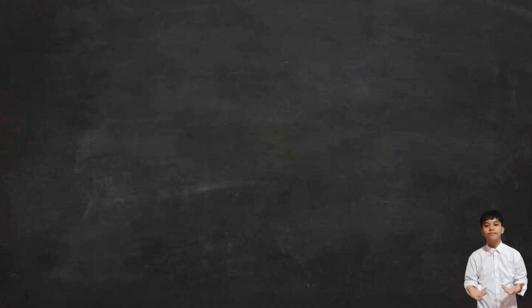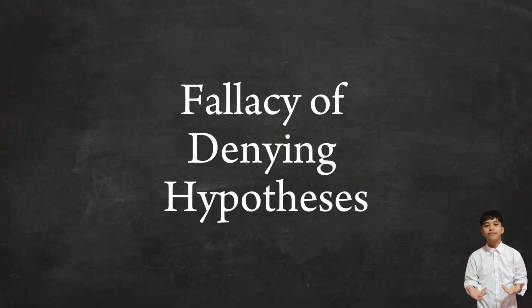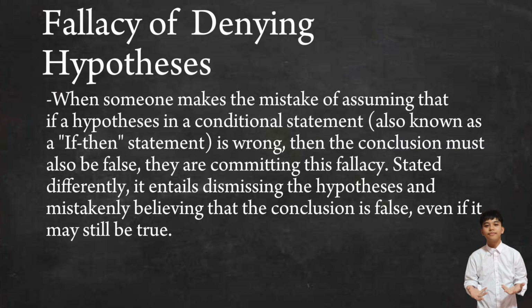Number 2. Fallacy of denying the hypothesis. When someone makes the mistake of assuming that if a hypothesis in a conditional statement is wrong, then the conclusion must also be false, they are committing this fallacy.